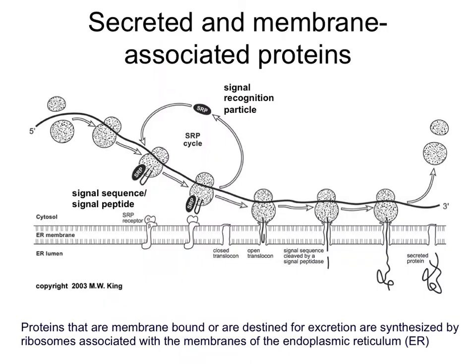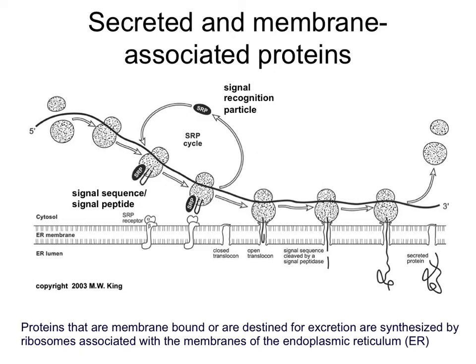Ribosomes engage the endoplasmic reticulum membrane through interactions of the signal recognition particle, or SRP, in the ribosome with the SRP receptor on the endoplasmic reticulum membrane, shown here. Proteins that are membrane-bound or are destined for secretion are synthesized by ribosomes associated with the membrane of the endoplasmic reticulum.